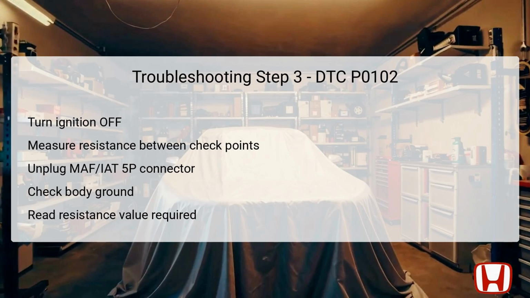The expected resistance range should fall within 190 to 210 kiloohms. If the resistance falls within this range, it indicates that the circuitry is intact and functioning correctly, prompting the technician to proceed to the next step. Conversely, if there is no continuity, further exploration is necessary to identify the faulty components in the circuit.